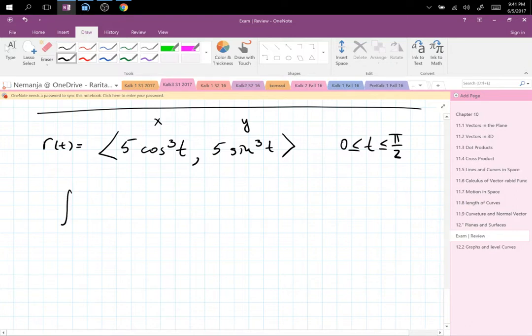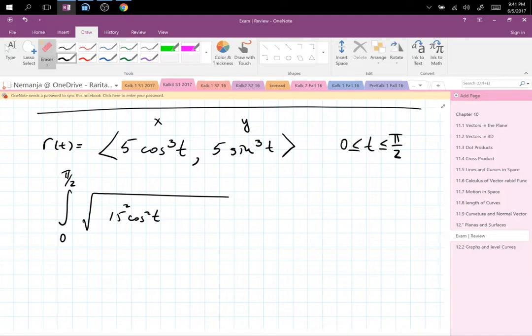We have our integral from 0 to pi over 2. And then we have 15 cosine squared t. Hold on.